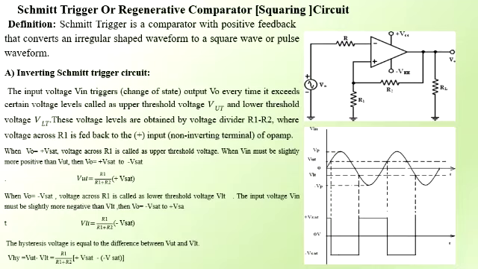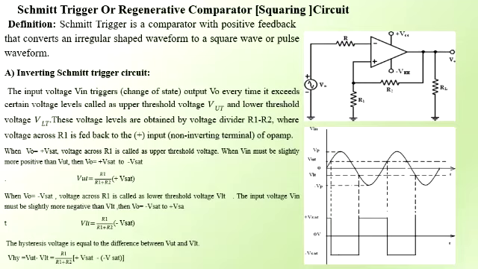And these two problems can be cured by using positive feedback or regenerative feedback, because the output can change faster and the noise signal at the input is eliminated.